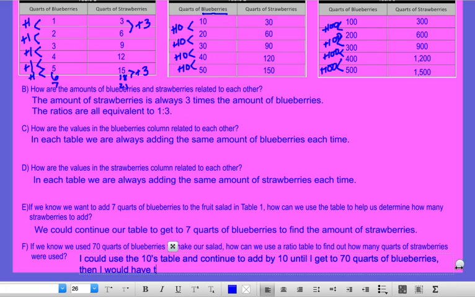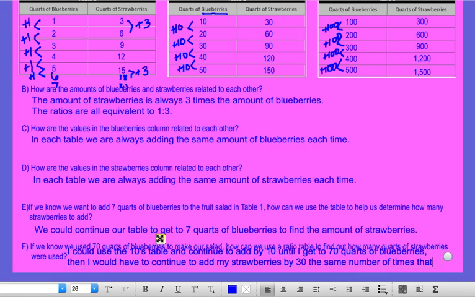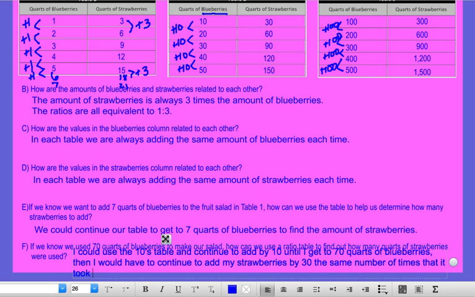Then I would have to continue to add my strawberries by 30, the same number of times that it took to get to 70 with my blueberries.